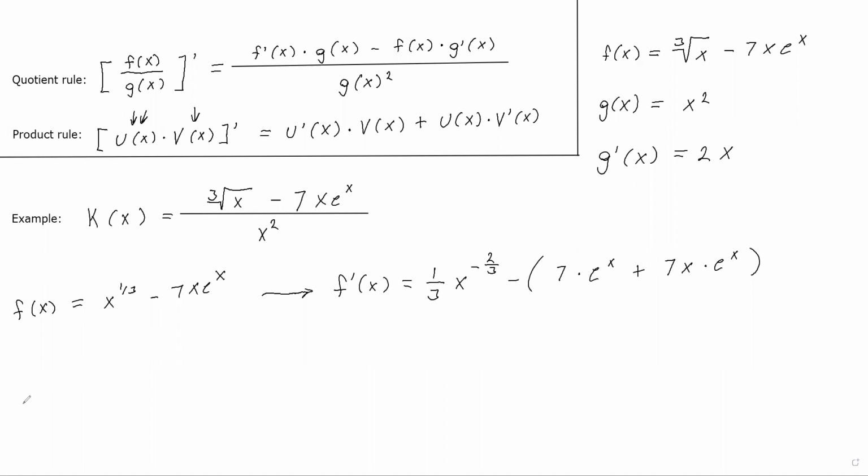So let's go ahead and write down our k prime of x right here equals f prime of x times g of x. So here we go. F prime of x is 1/3 x to the negative 2/3. And again, I'm just getting this from here.